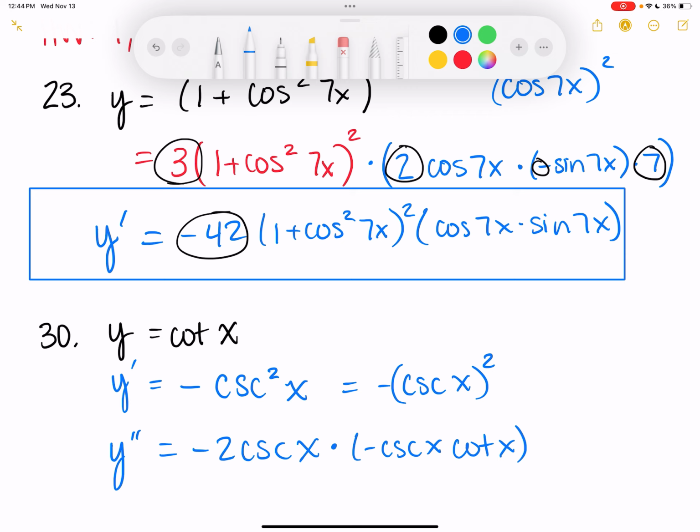So then it becomes positive: 2 cosecant squared of x times cotangent of x.